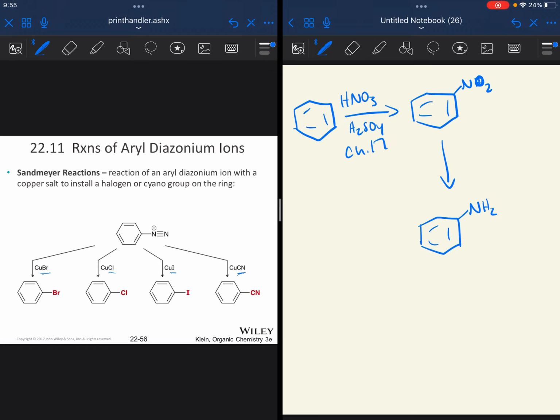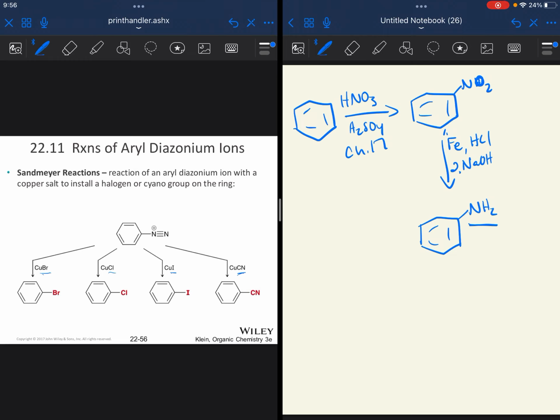A lot of times you're going to see Fe/HCl or zinc and HCl. You might use zinc mercury amalgam in HCl if you're also doing a Clemmensen reduction. Because the amines are basic, you are often going to see this with a second workup step of sodium hydroxide, just to make sure that you have that neutral amine.